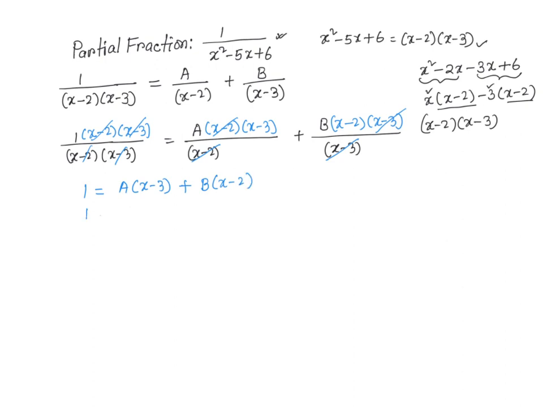Now if I simplify it further, I get ax minus 3a plus bx minus 2b. So 1 is equal to a plus b times x, combining this and this, plus negative 3a minus 2b. Now I have simplified it.